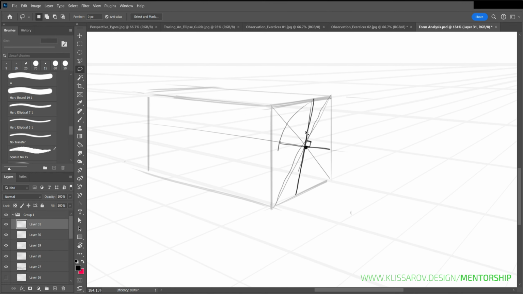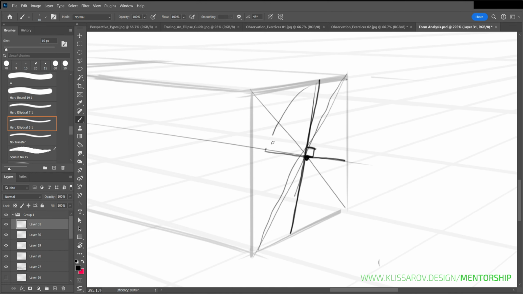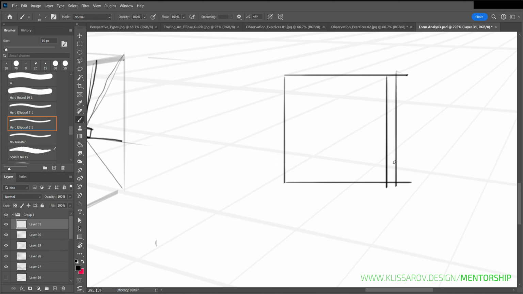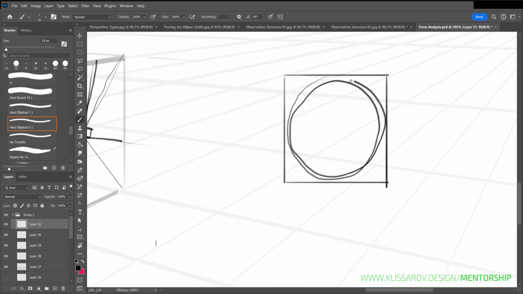Okay, so here this is not okay because it doesn't fit with the square. If you look at an ellipse from the face, or at least the circle, within a square, a circle fits everywhere within the square. It touches here, it touches here, it touches here, it touches here.